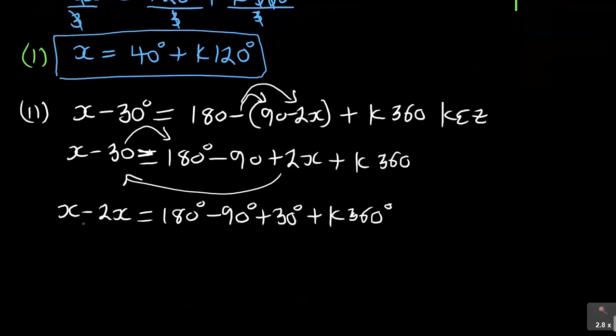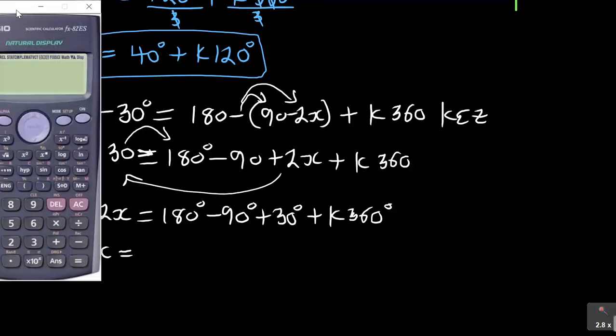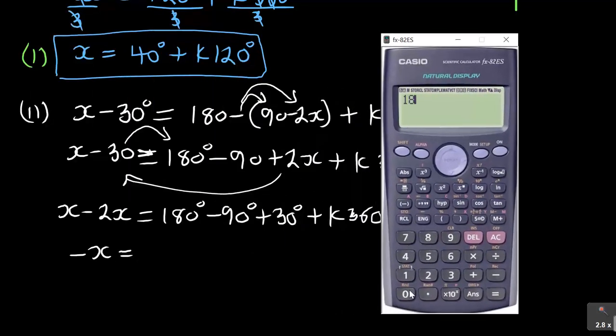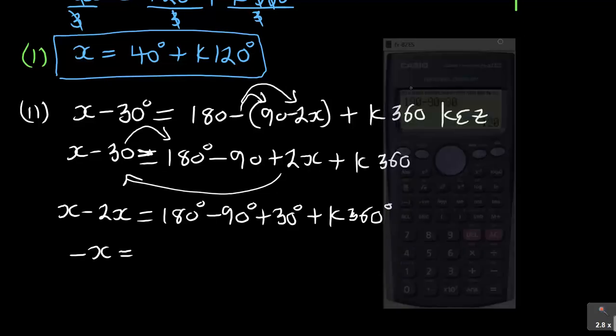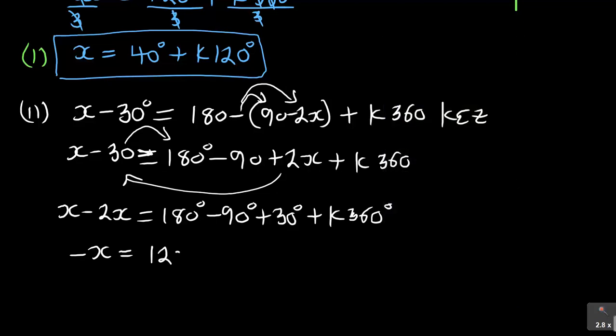I hope you are able to see what I'm talking about. So here x minus 2x is negative x, equal to, if I can quickly add this, 180 minus 90 plus 30, it is 120. So I've got 120 degrees plus k 360 degrees.